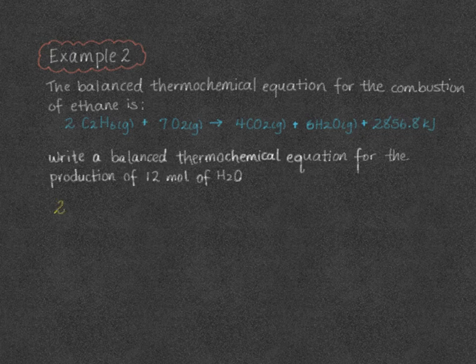So we can start by writing our 2,856.8 kilojoules, and that's going to be divided by 6 moles of H2O, and that's just the coefficient from our reaction. Now we're going to multiply that by the number of moles of H2O we want to find. So that's going to be 12. So we've just solved for molar enthalpy.